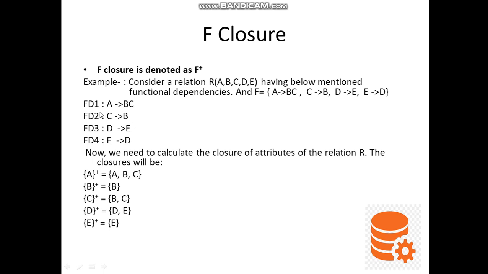There is no dependency where we go from B to any other attribute, so the closure of B is only B. Next is C. We have C tends to B, so closure of C is B, C. Next is D. We have D tends to E, so closure of D is D, E. And next we have E. E tends to D is there, correct? So closure of E is E and D also. So here we have the closure of F.